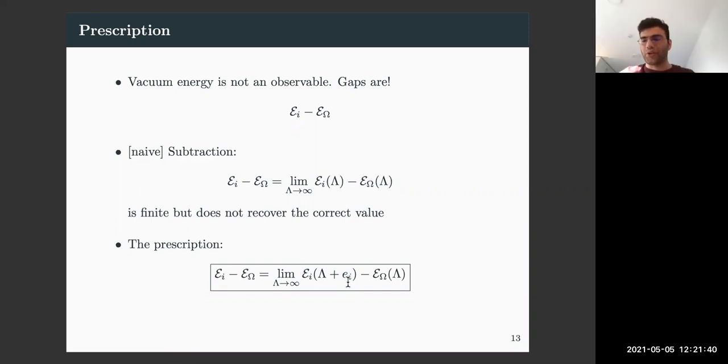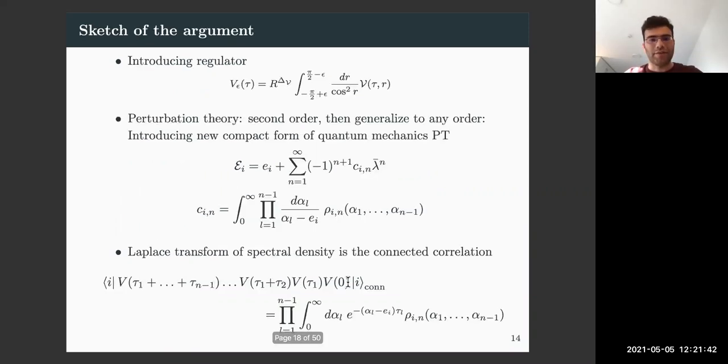Okay, this is the prescription. Let me just give you the sketch of the argument of how, under some reasonable assumptions, we prove it. We introduce the regulator epsilon, so that the integrals of the deformation V are convergent and finite. We use perturbation theory first at second order, and then generalize it to all orders.